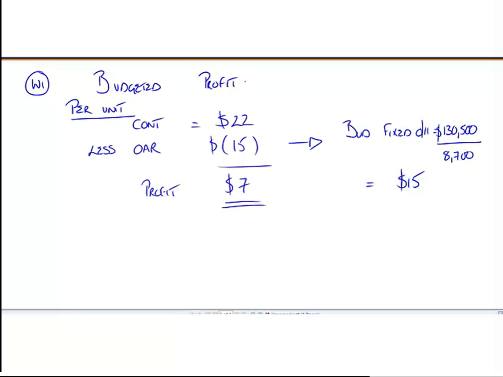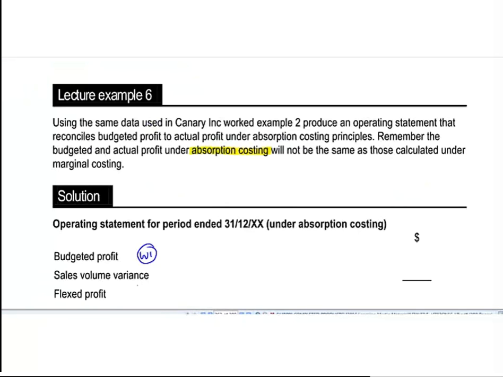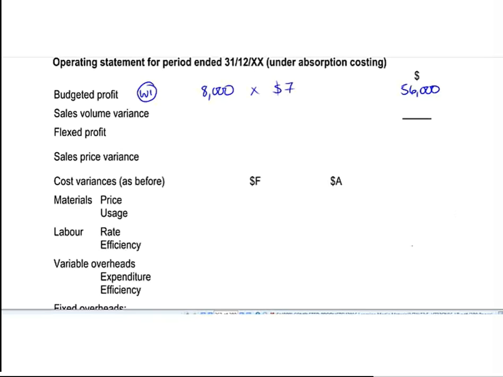If we go back to the operating statement, we can see that we had a budgeted number of units of 8,000. So if we take our 8,000 units and multiply it by our budgeted profit per unit of $7, that would give us a budgeted profit figure of 56,000. What we need to bring in next is our sales volume variance.